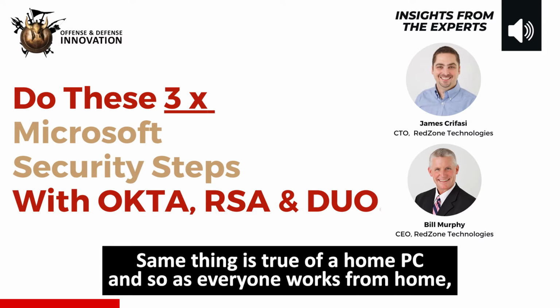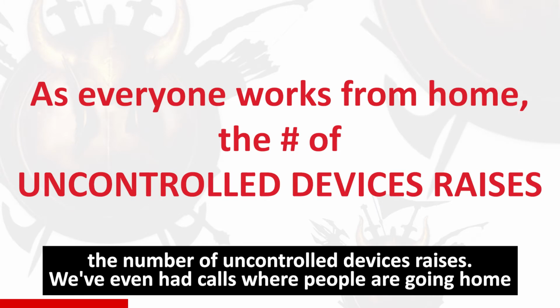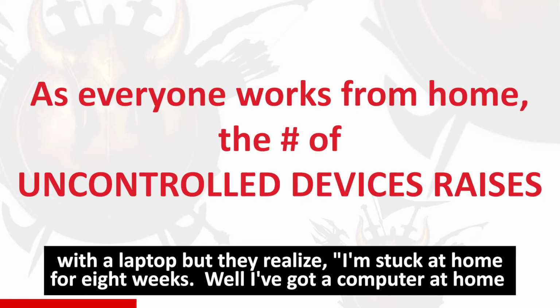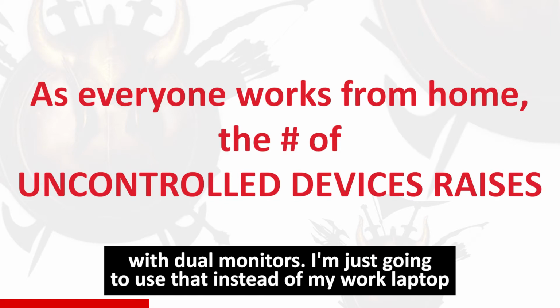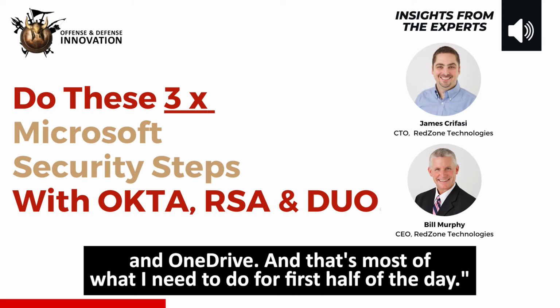And so as everyone works from home, the number of uncontrolled devices raises. We've even had calls where people are going home with a laptop, but they realize I'm stuck at home for 8 weeks. Well, I've got a computer at home with dual monitors. I'm just going to use that instead of my work laptop because I've got my multi-factor, so I can just authorize myself and play with email and Office and OneDrive, and that's most of what I need to do for the first half of the day.